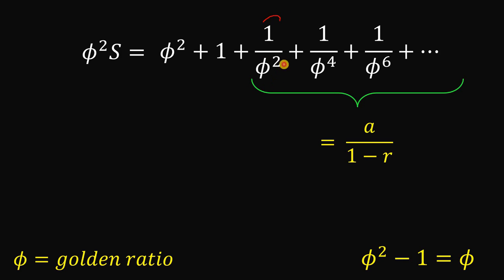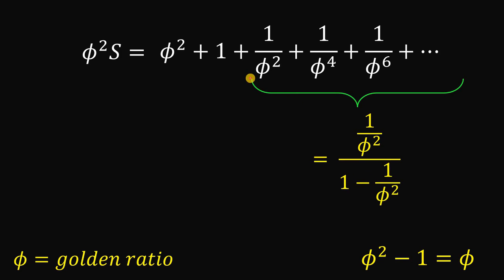Now, we know the first term. This is just 1 over phi squared. And we also know the common ratio. Again, this is just 1 over phi squared. So, this infinite geometric series can be written as 1 over phi squared over 1 minus 1 over phi squared. Now, let's simplify.